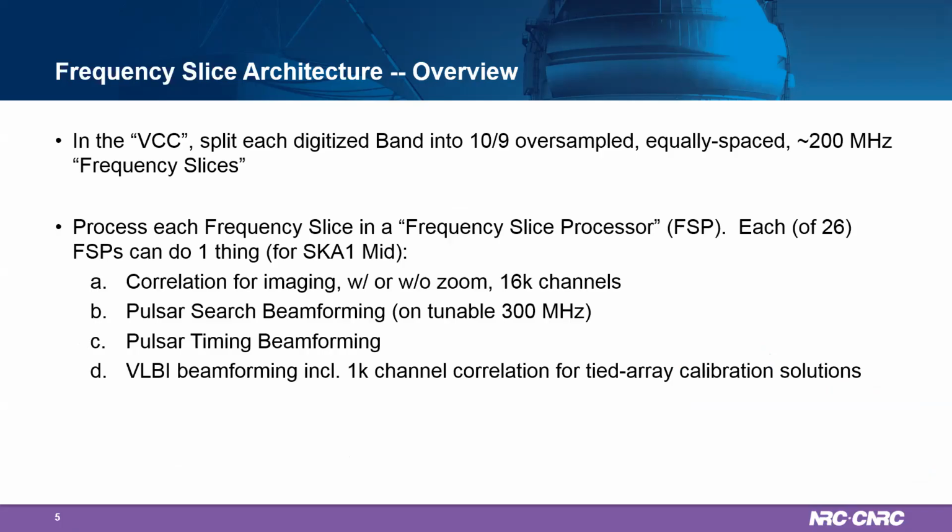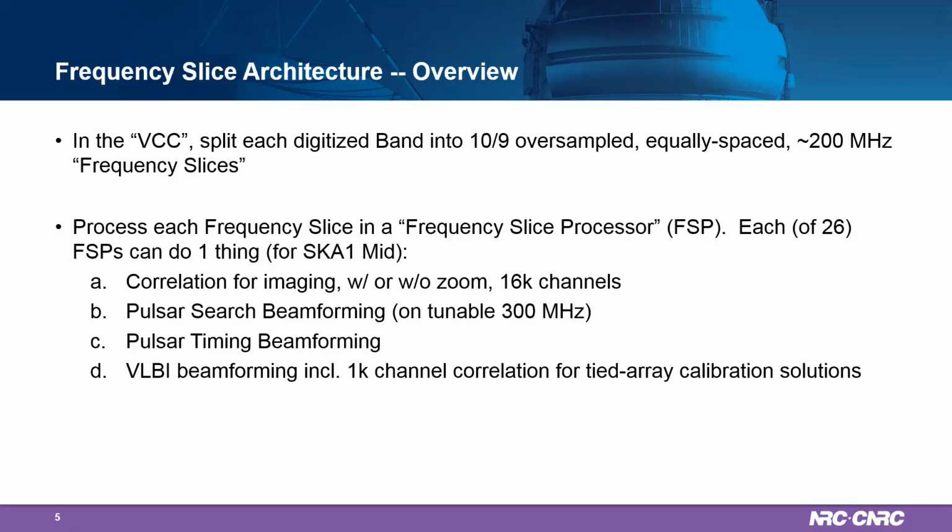So for the frequency slice architecture, essentially the processing is split into 2 parts. There's a VCC, or very coarse channelizer part, which is where all of the band-specific processing is done, and this splits the digitized band into a set of 200 megahertz oversampled, evenly spaced frequency slices.